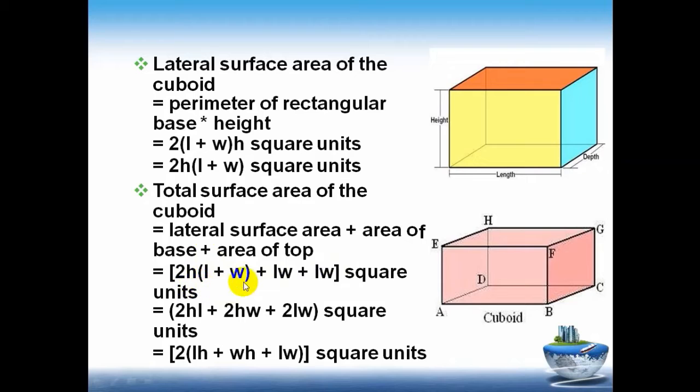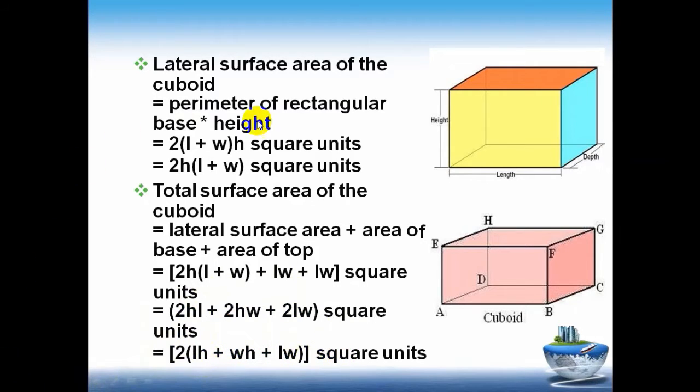And now this can be written as 2 multiplied by h multiplied by L, plus 2 multiplied by height multiplied by width, plus 2 into length multiplied by width square units. And this formula can be written simply, taking common 2, as 2 into (LH plus WH plus LW) square units.